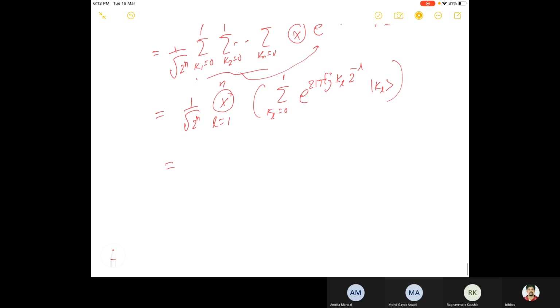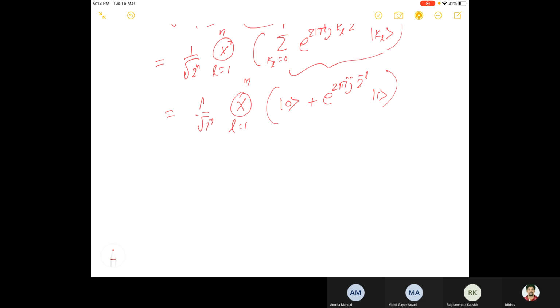And then this is a straightforward calculation. Now if I write kl to be 0 or 1, you can see that this is either 0, plus e to the power 2 pi i j 2 to the power minus l times 1.